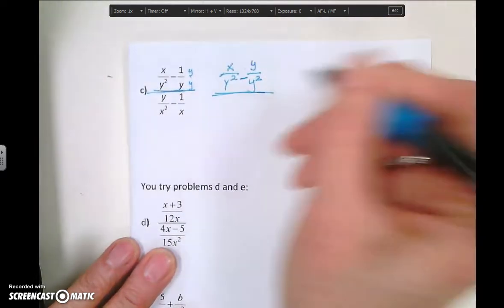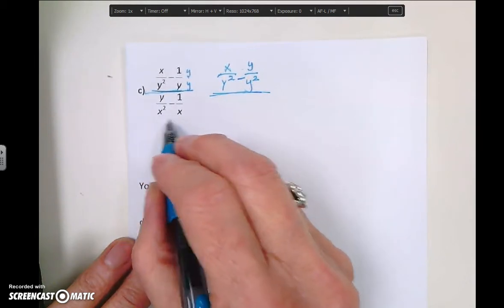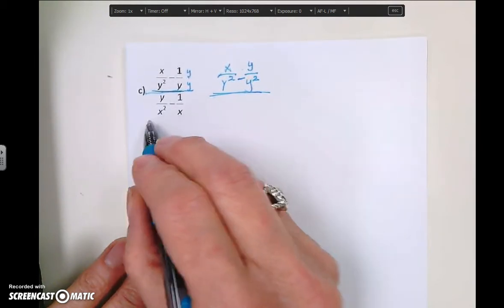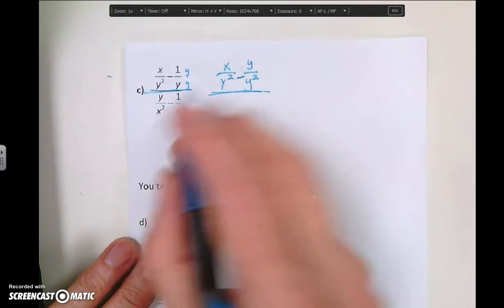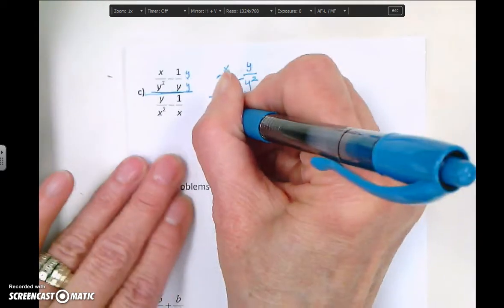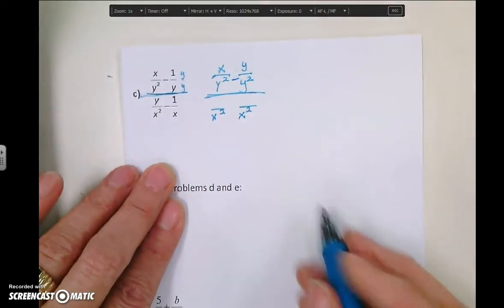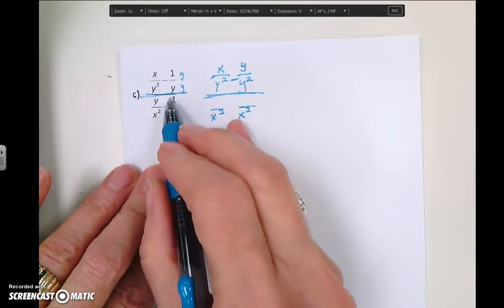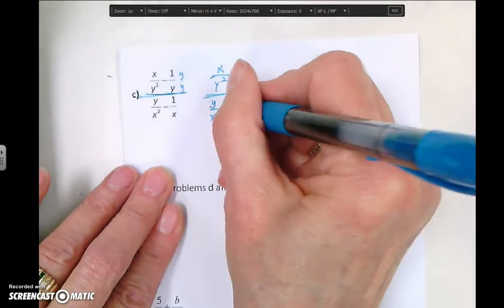Then for the denominator, I need to add these together, so I need a common denominator for these two fractions, which is going to be x squared. So I have an x squared here and an x squared here. This numerator didn't change, so that's still y, again with a minus.